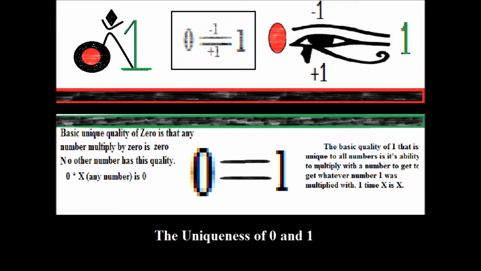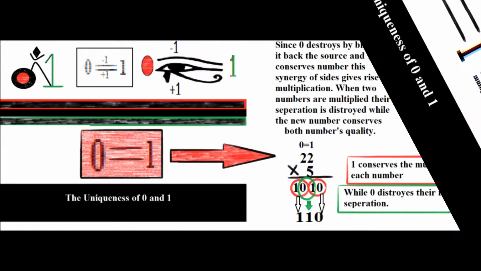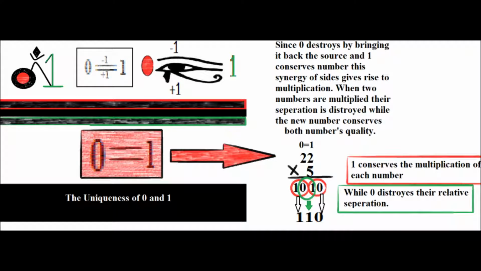Number 1, on the other hand, conserves the qualities of numbers. That is why any number times 1 is the same number. If you multiply 5 times 1, it's going to be 5.